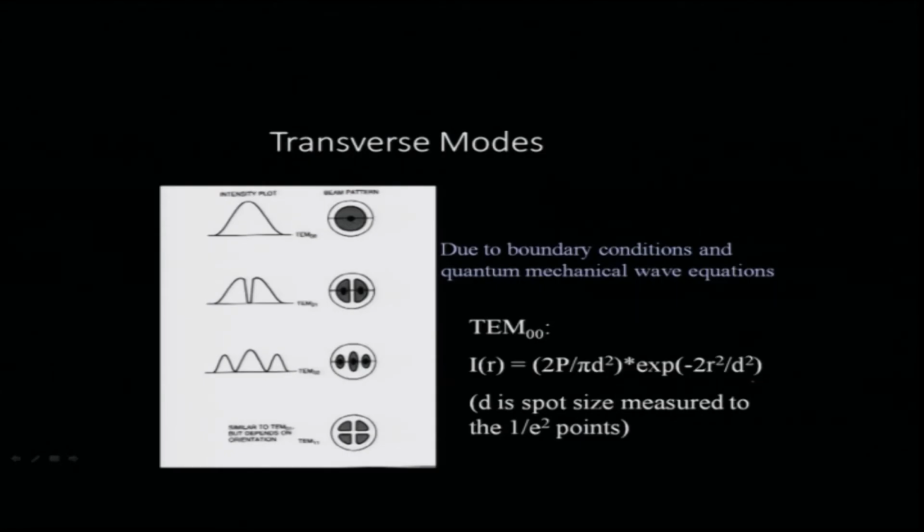That gives rise to another important aspect, which is the transverse mode of this system: the lasing has a beam pattern with an important transverse spatial profile, which is due to the boundary conditions and wave equations of these beams being stabilized within the cavity, and how they form the different modes within the cavity.